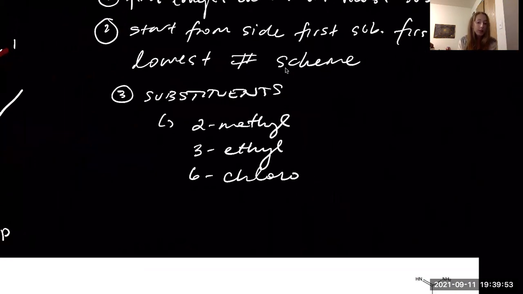Not everything counts for alphabetizing. For example, the di, tri, tetra in alphabetizing doesn't count. So if you had dimethyl, the M would count. And then also, if you have sec-butyl or tert-butyl, the T in tert wouldn't count, the B in butyl would. Or in sec-butyl, the S in sec would not count, and then the B would.